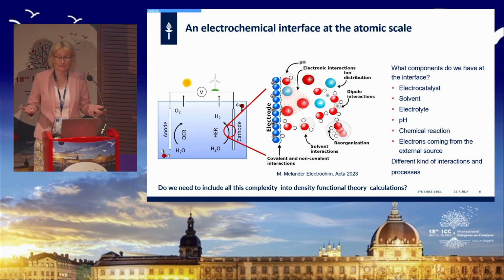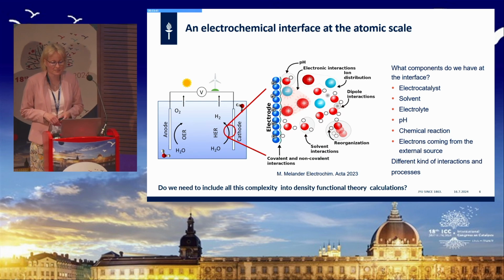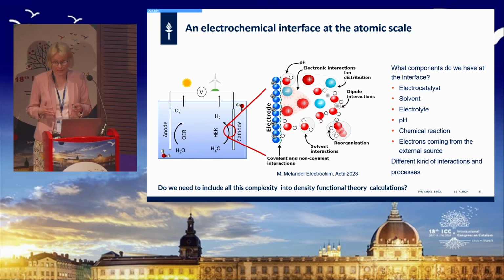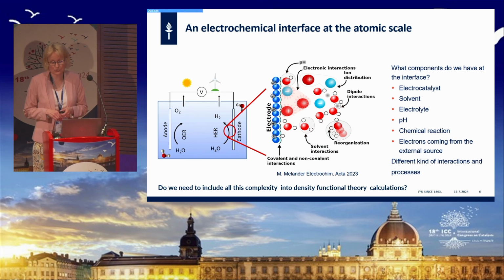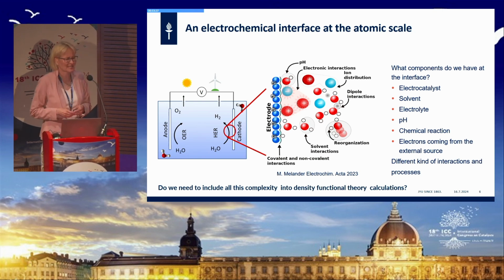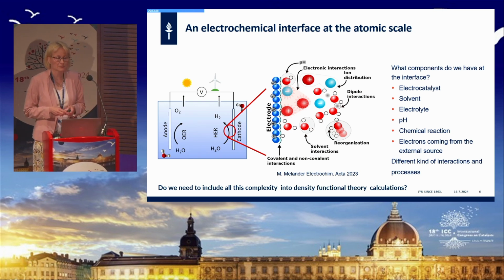You have the electrocatalyst, the solvent, the electrolyte, you may have pH effects, a chemical or electrochemical reaction, electrons coming from the external source, and different kinds of interactions and processes. So do we need to include all of this complexity when we do the modeling? The answer depends on what you are looking at.